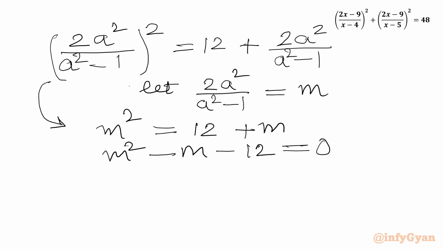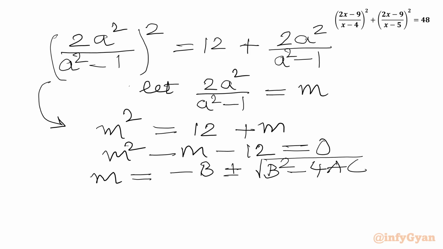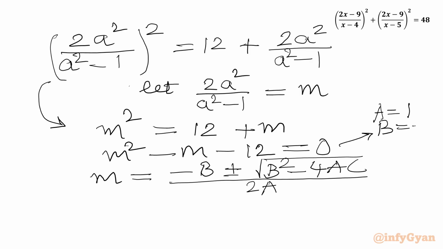Now we will use the quadratic formula. Let me write here m equal to minus b plus minus the square root of b squared minus 4ac, divided by 2a. So as per our equation, I can write the values of a, b and c: a is 1, b is negative 1, c is minus 12.